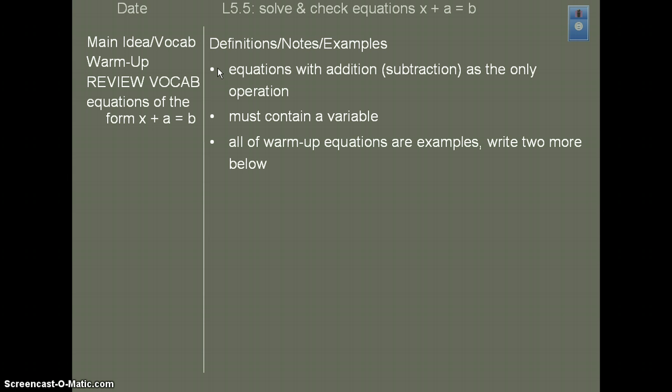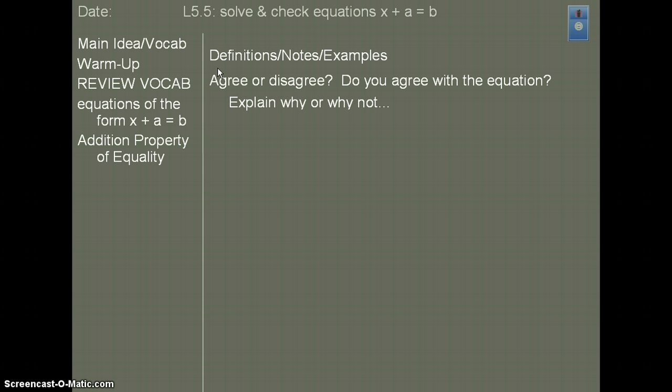Next, we're going to talk a little more about equations in our addition property of equality. I'm going to ask if you agree or disagree with the equation that is revealed and take a moment to explain why or why not. So go ahead and press pause after the equation is revealed so you can decide whether you believe it is in fact equal or unequal.